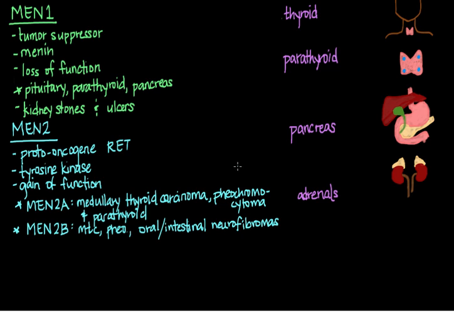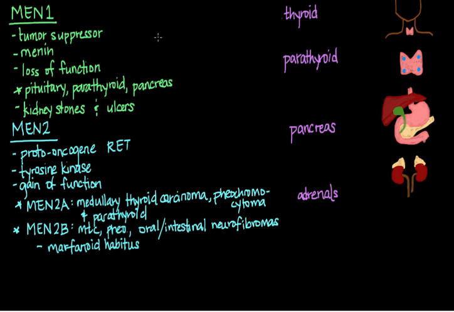And then MEN2B also has sort of a key association, the way MEN1 is associated with kidney stones and ulcers. But in MEN2B, these patients will be described as having a marfanoid habitus, which is just a constellation of symptoms that resemble those of Marfan syndrome, including, say, long limbs, arachnodactyly, and hyperlaxity of joints.